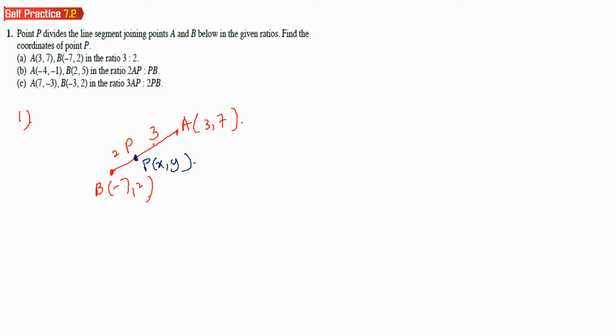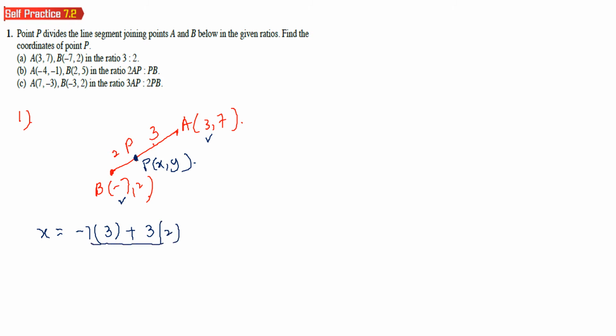So we can start with X using the formula. We start with negative 7. This is our first X and this is the second X. So negative 7 will be multiplying with the opposite ratio, plus the second X multiply with the opposite ratio, which is 2.